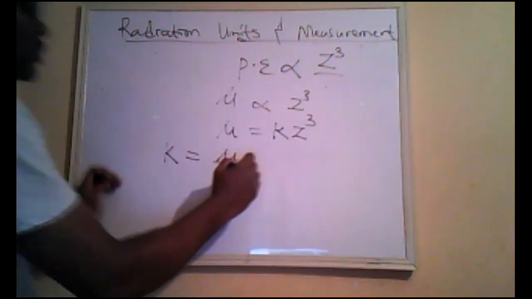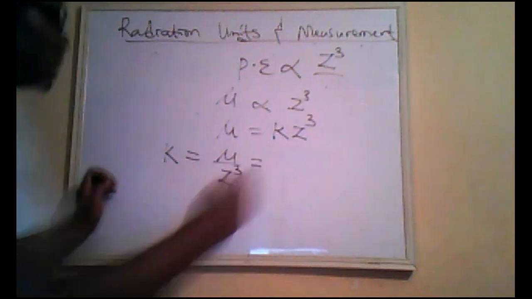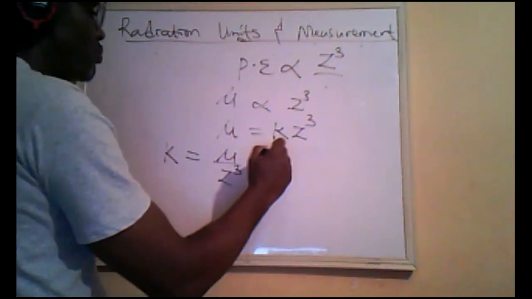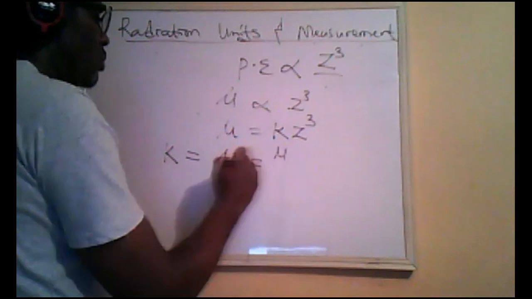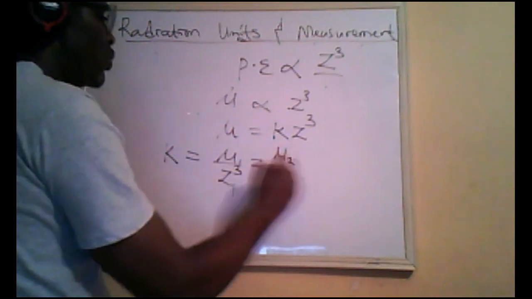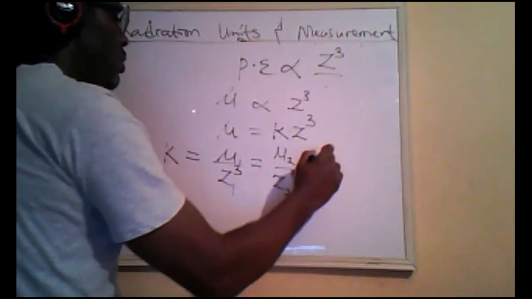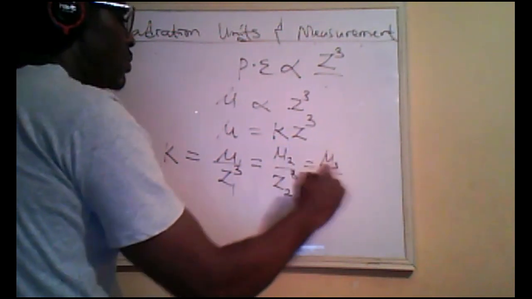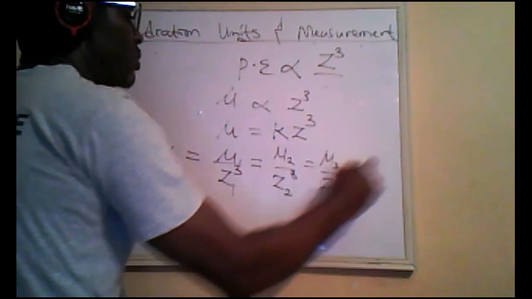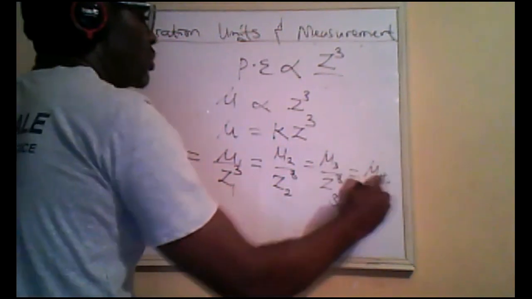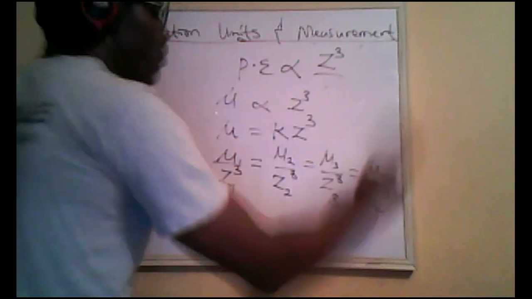K will now be this over Z cubed. So for different values of Z, we have mu1, Z1, mu2, Z2, mu3, Z3, mu4, Z4, and so on and so forth.